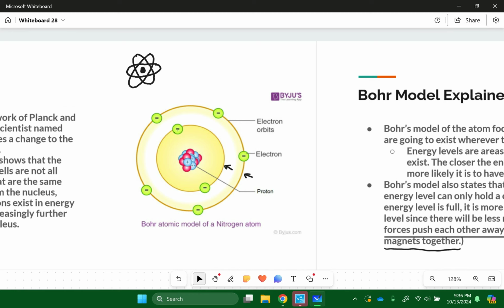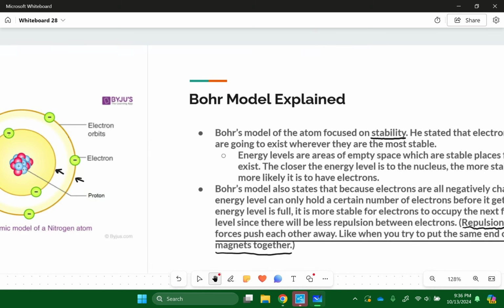And so at a certain point, if an electron tries to get added to a lower energy level, it's too close to the others, and the repulsion between the electrons that are already there and the one you're trying to add is too big. Because of that, the electron gets pushed to the next further level. So there are rules as far as how many electrons can fit in each energy level.